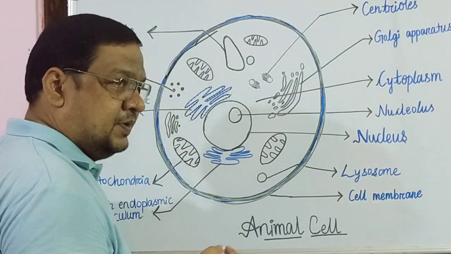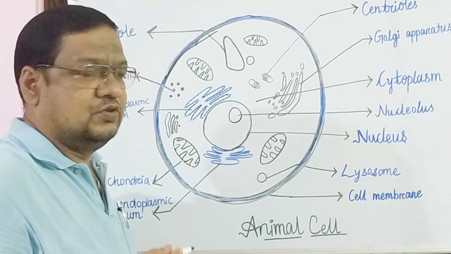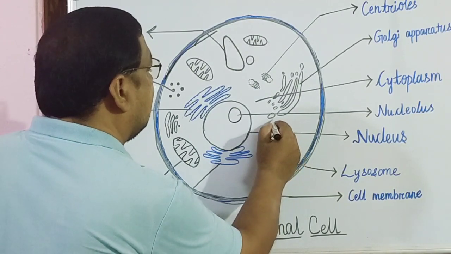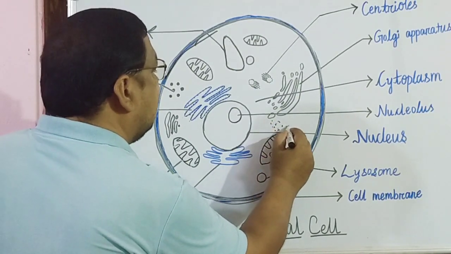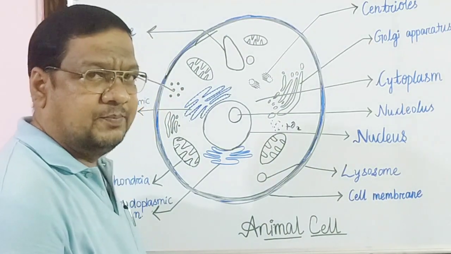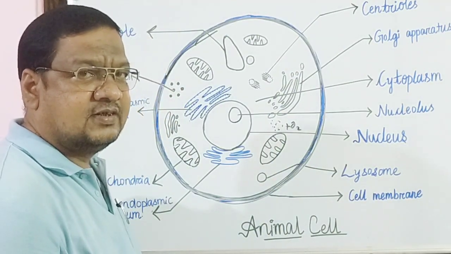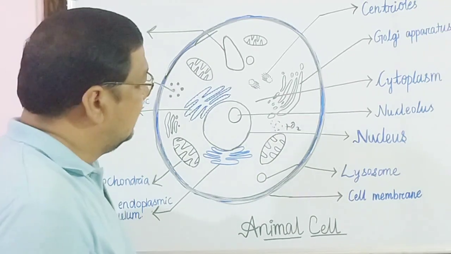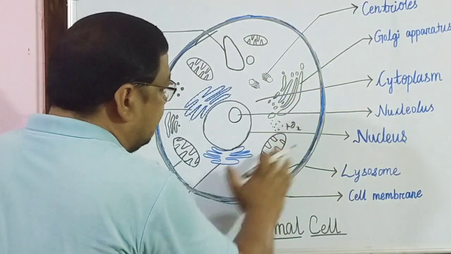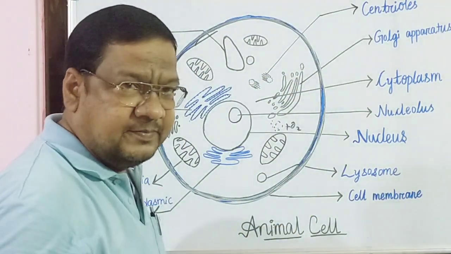During cellular respiration. When the glucose particle reaches inside the cell, it reacts with oxygen and forms energy in the form of ATP and liberates carbon dioxide. When it liberates carbon dioxide, the concentration of carbon dioxide inside the cell increases.